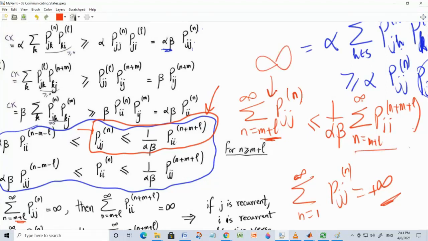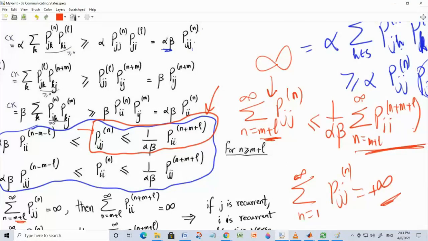But this is a lower bound on this other summation, and so this other summation is guaranteed to be infinity. So the summation of Pii of n is infinity. So it means that state I is also a recurrent state.